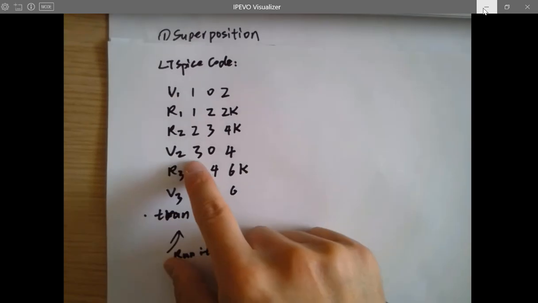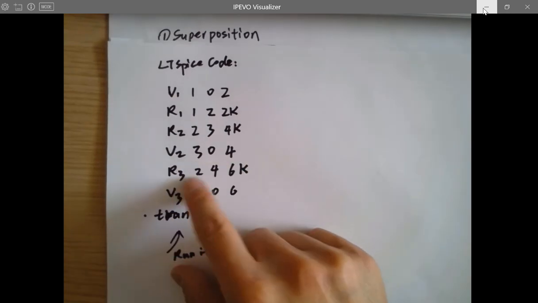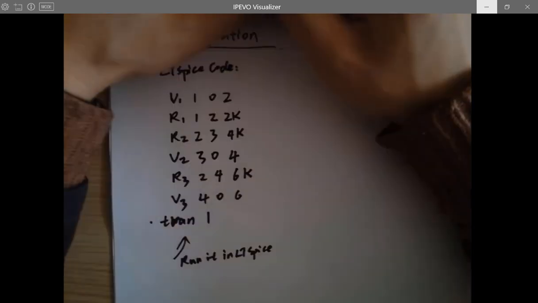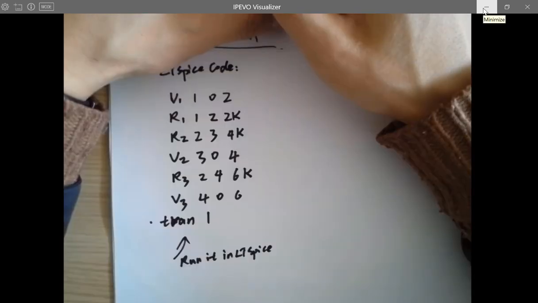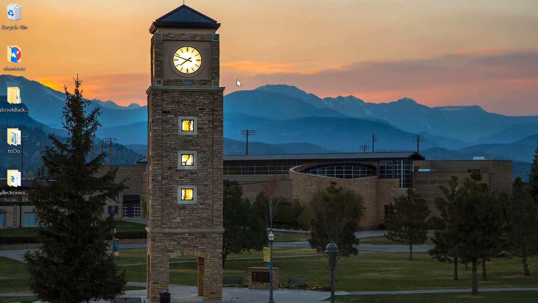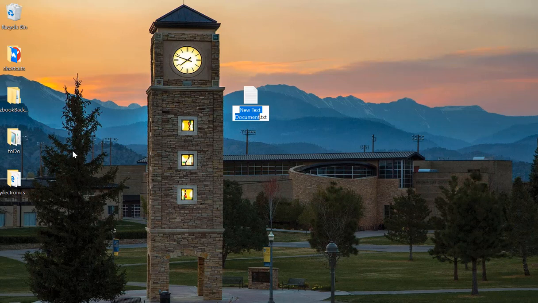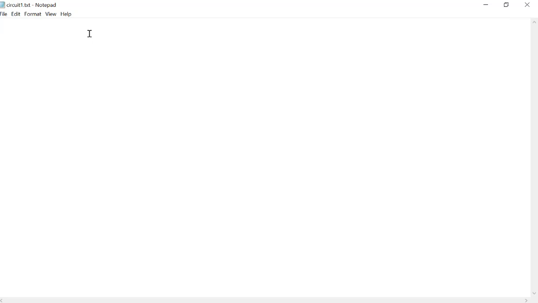So let's do the text editor version really quick, and let's verify whatever we just calculated. So start with the text editor. Keep in mind, if you're using a text editor, the first line has to be the title. You cannot put any circuit thing in the first line. So you just type whatever you want to name it, example 1 or something.